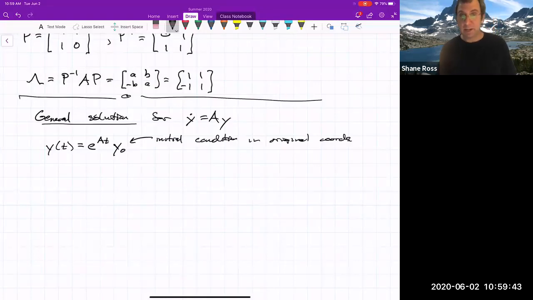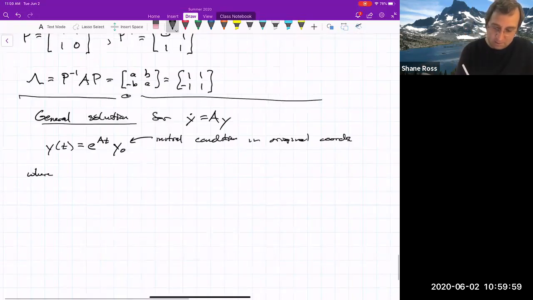Hopefully you've seen a matrix exponential. If you haven't, the matrix exponential is defined according to the Taylor series expansion for the exponential for the scalar, but now you just put in the matrix.